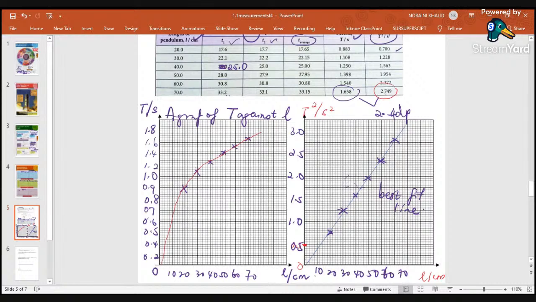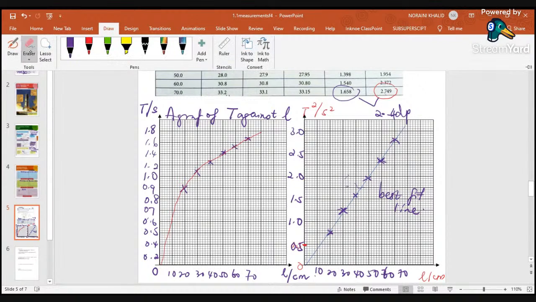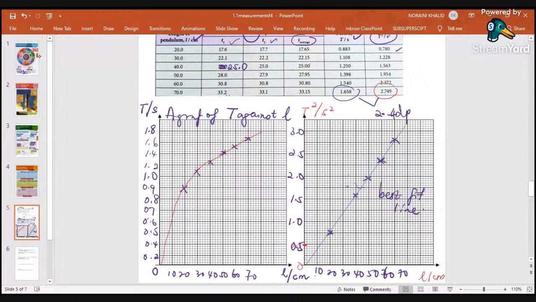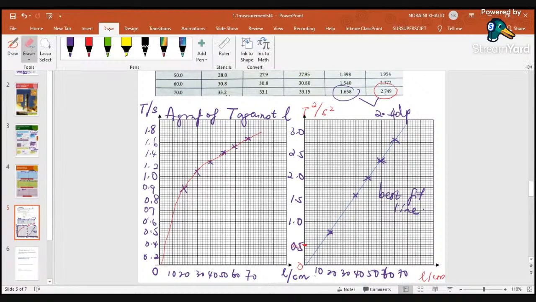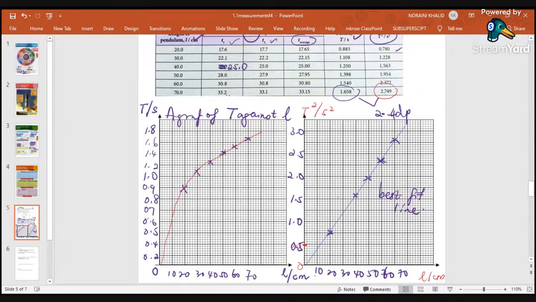I just show you one example. Let's say when you carried out the experiment, and when you plot a graph, you found that one of the points is very far from the line that you draw. Use a ruler and measure; the distance must be less than or equal to 0.5 cm. If more than 0.5 cm, this point may be wrong.